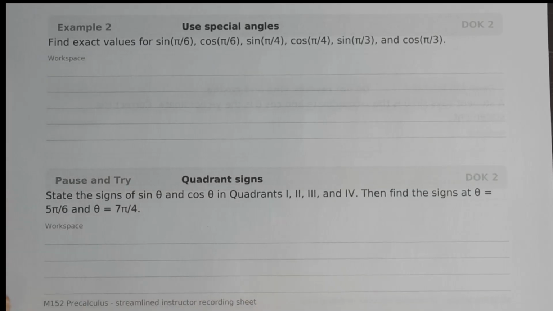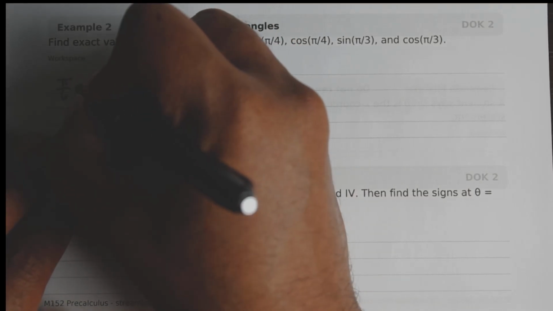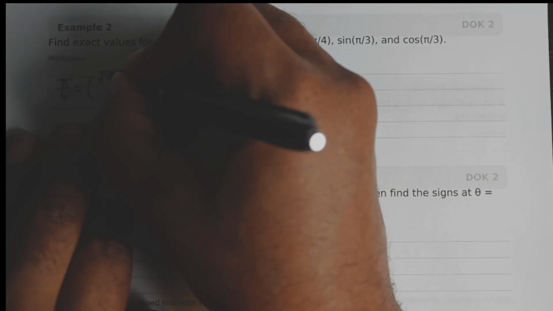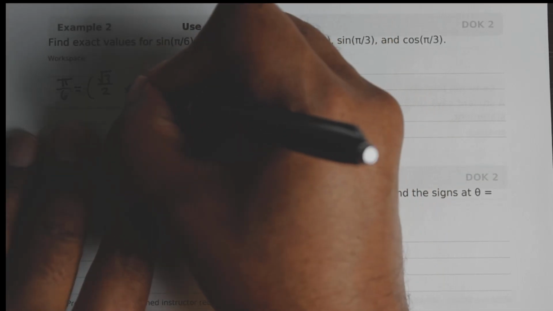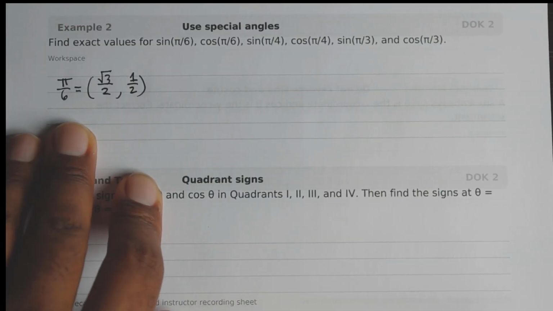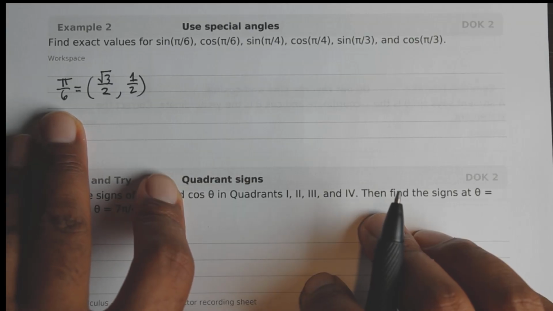Okay, so first of all, pi over 6 has the point square root of 3 over 2, comma, 1/2. Okay, that is the coordinate of pi over 6.